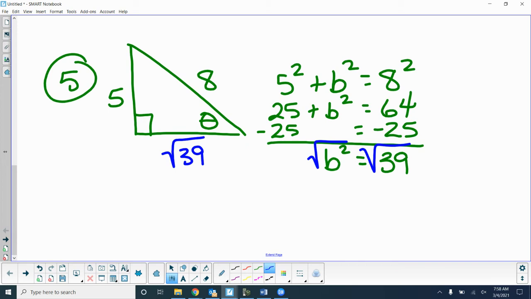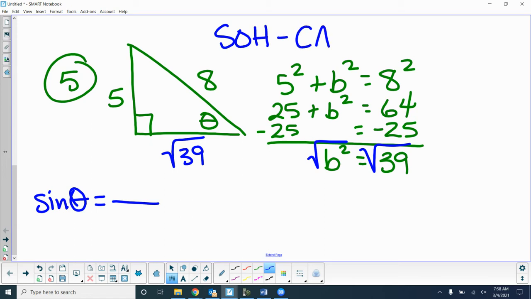So then we're going to go sine of theta. Remember, it's SOHCAHTOA, right? Sine is opposite over hypotenuse. CAH is for cosine, adjacent over hypotenuse. TOA is for tangent, opposite over adjacent. All right, so theta's here. So opposite of theta is the 5.